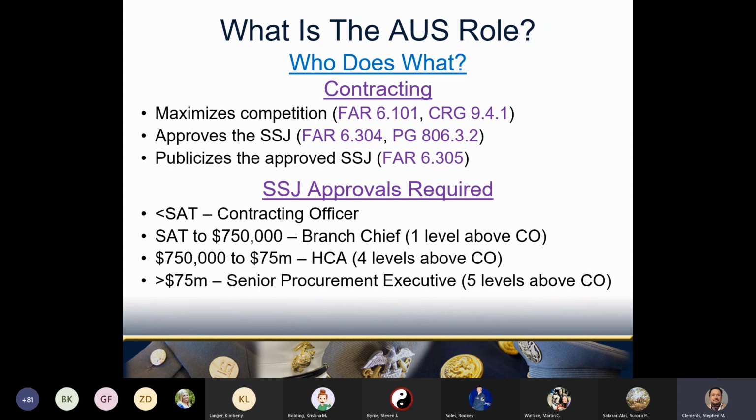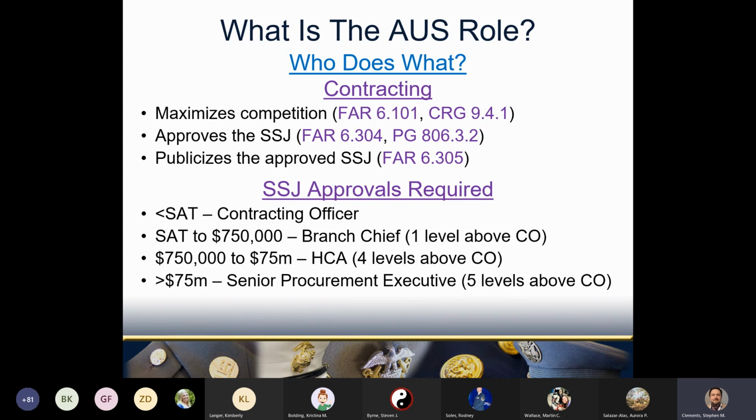For lower dollar value contracts, the CO can often approve the justification, but all the others require higher approving authorities. On the slide, I note how many levels above the CO each approver is and at what dollar values they come into play. And for planning purposes, every level above the CO adds at least 1 month to your procurement.